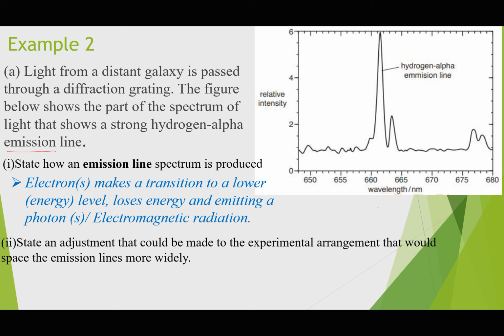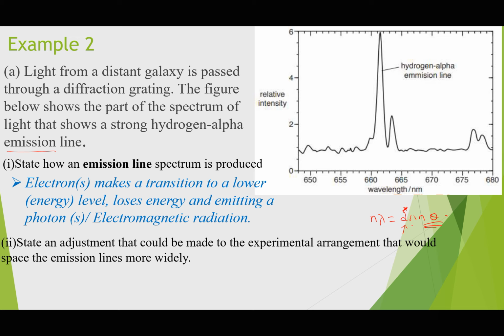And remember from your AS knowledge, for a diffraction grating, n lambda is equal to d sine theta. So if you want the spectral lines to be more widely spaced, in other words, we want theta to be greater, we must change one of these. For example, we can change d. That is the grating, the separation of the slits in the grating.